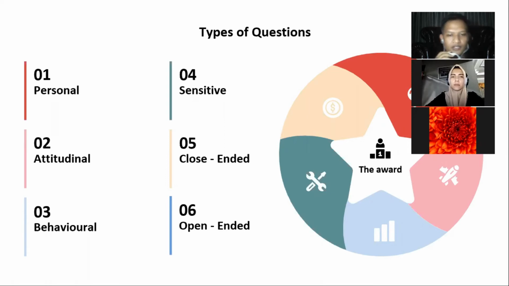And then last is open-ended questions. This is a type of question which provides a free answer for the respondent. For example, why are you attending adult education classes? So this is a type of open-ended question.